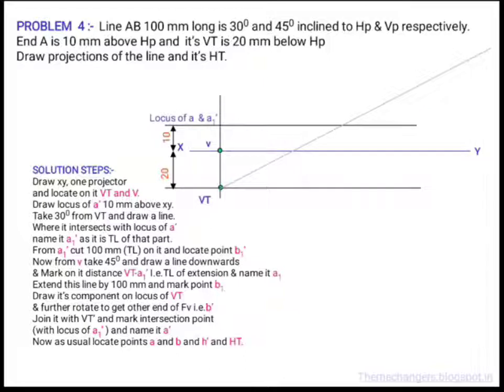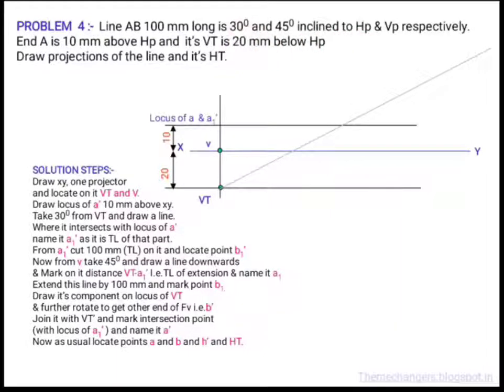Now we have the true inclinations of the line as 30 degree and 45 degree. That is, 30 degree inclined with the horizontal plane, theta, and 45 degree inclined with the vertical plane, phi. And the true length of the line is 100 millimeter. So through VT I am drawing a line at an inclination theta.